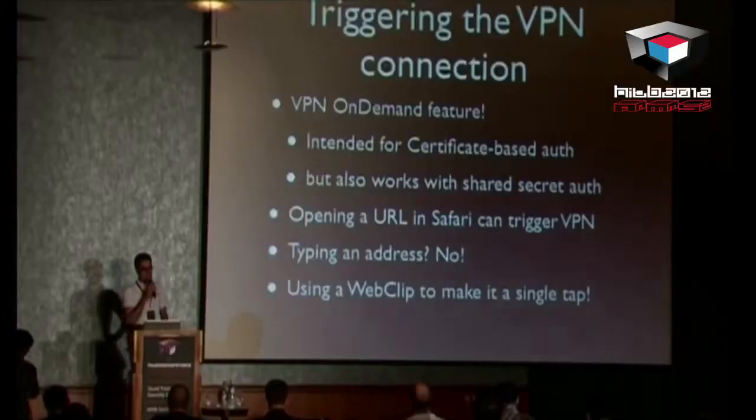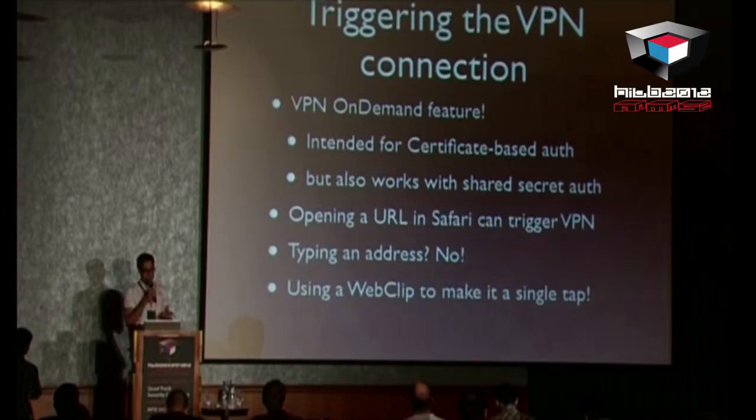So what we did is some research, and we found out that there's an on-demand feature for the VPN connection dialing that is designed only for certificate-based authentication. So if you would set a configuration profile and provision it to your device with a shared secret authentication, it would not accept the on-demand features.